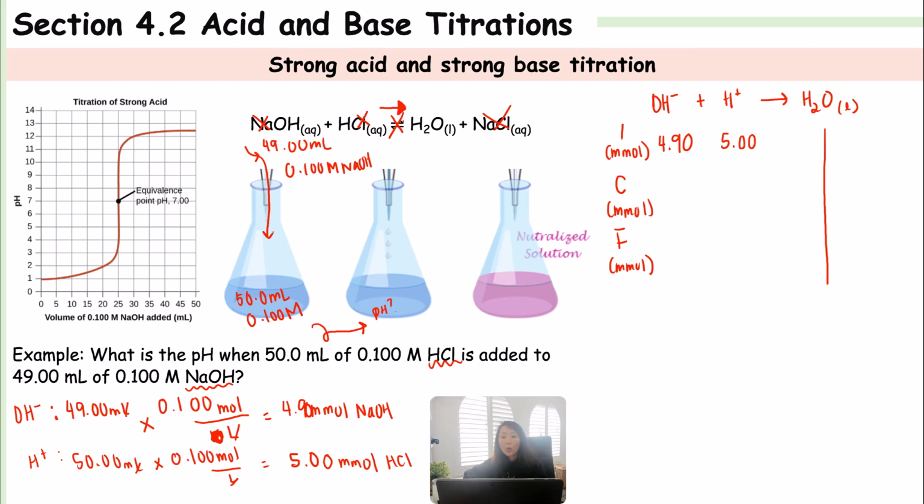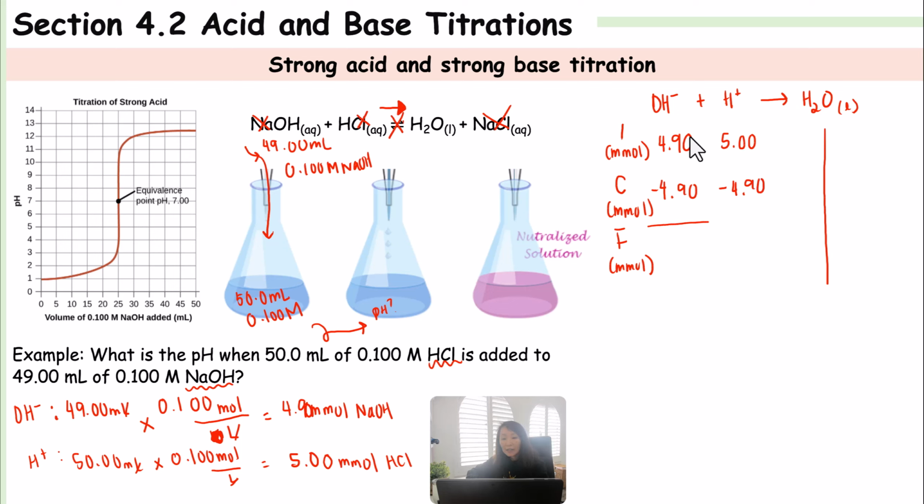Okay. What about the change? Because this is going to be used up all the way till the end, one of these is going to end up becoming 0. So which one is the smallest millimoles? Right, the hydroxide is the smallest millimoles. And 4.90, you're going to subtract that because this is our limiting reagent. So we subtract 4.90, negative 4.90.